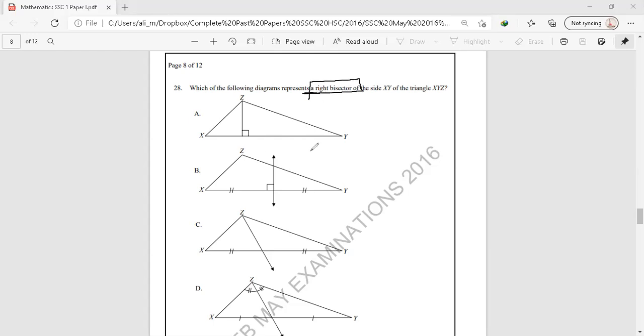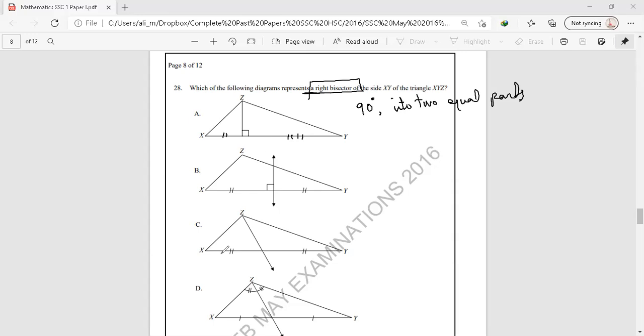The definition of a right bisector is such that it makes 90 degrees as well as it divides into two equal parts. So this line x passing from z is not the right bisector because it is making perpendicular, but these sides are not equal. So this is not the right bisector.